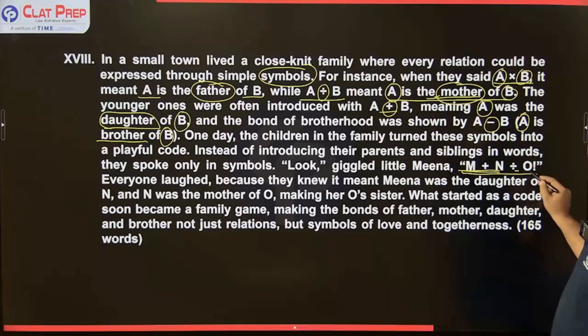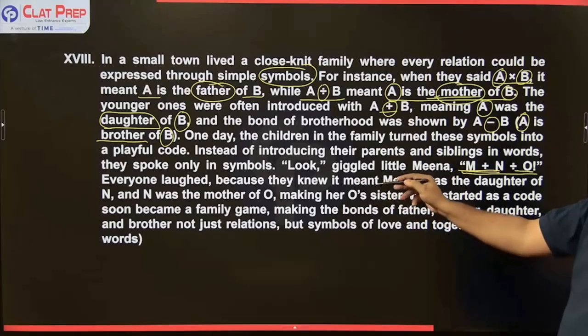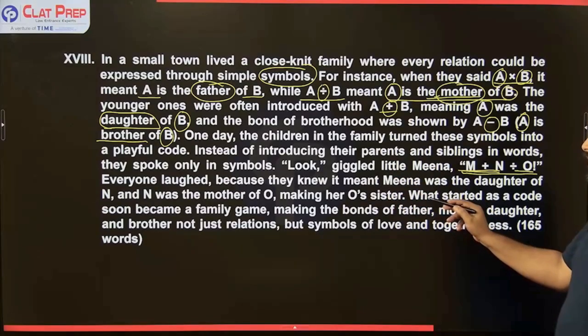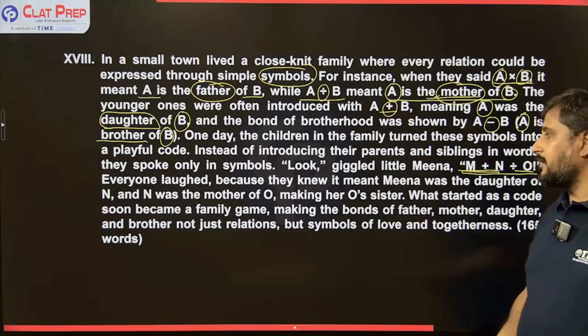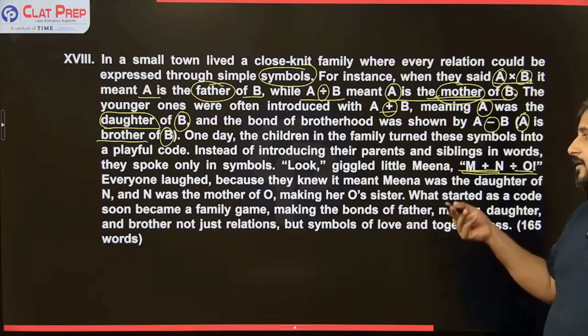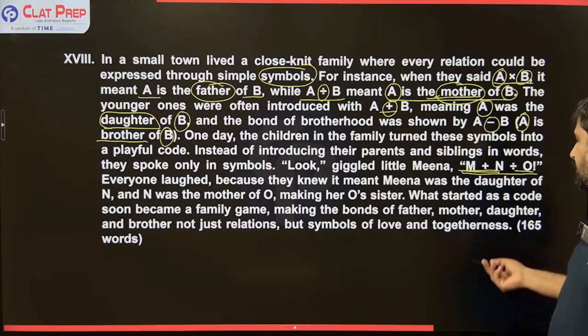N is the mother of O. Since Meena is the daughter of N, and N is the mother of O, simple, making her O's sister. What started as a code soon became a family game, making the bonds of the father, mother, daughter, and brother not just relations but symbols of love and togetherness.